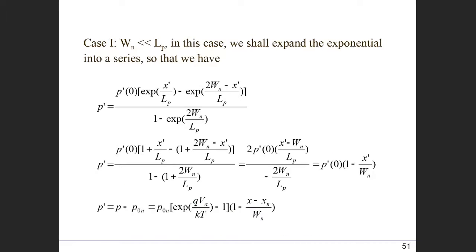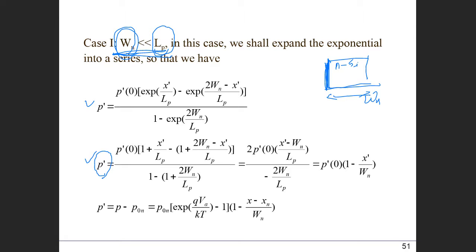The second case is now Wn, which is much smaller than the Lp. In other words, if you look at the N side, the Wn is very close to this junction edge on the N side. So in this case, from the general equation, if you apply this special case, then our final carrier concentration is approximated with the linear equation in here.